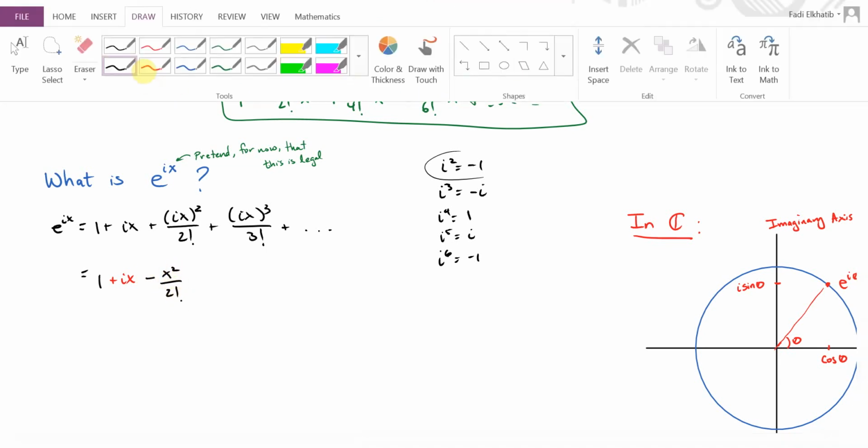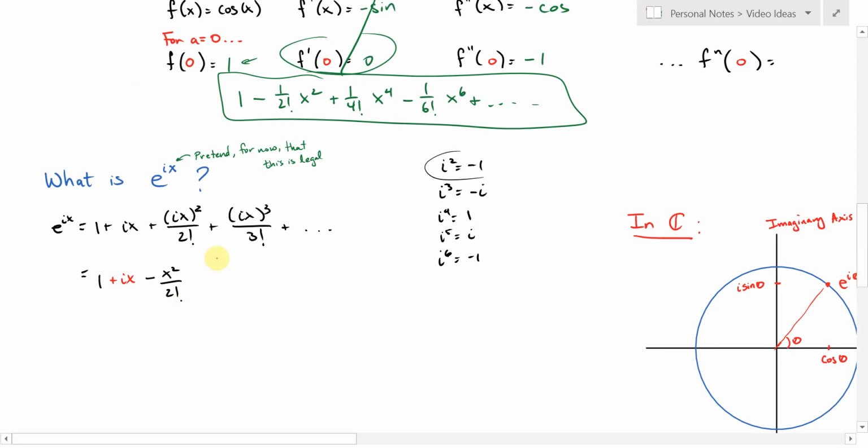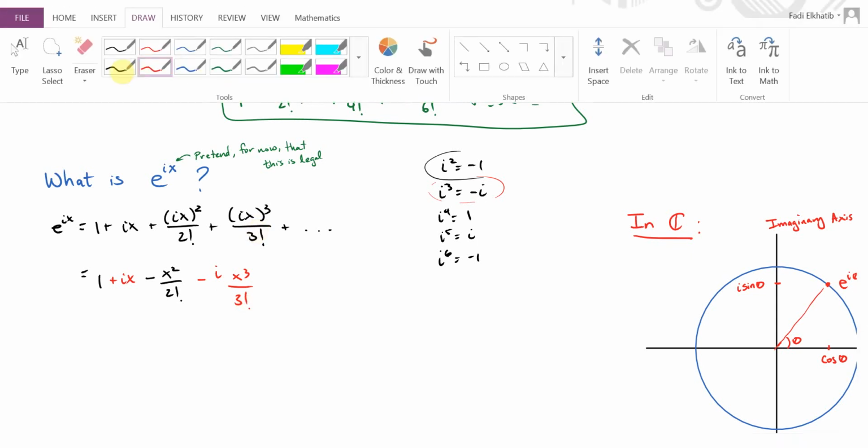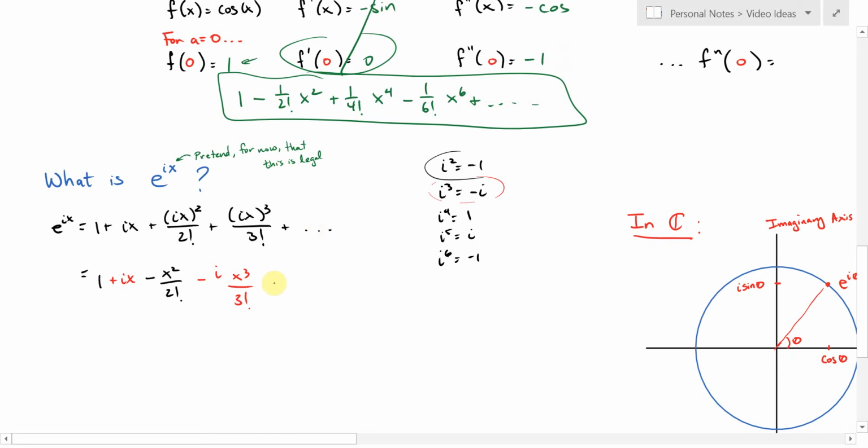Back to red. Now we have i cubed times x cubed, but that's negative i, so that's minus i times x cubed over 3 factorial. That's simplifying that term. And if you continued on, I didn't write that term here, but the next term would be i to the 4th, which would be 1, so it would just be plus x to the 4th over 4 factorial.